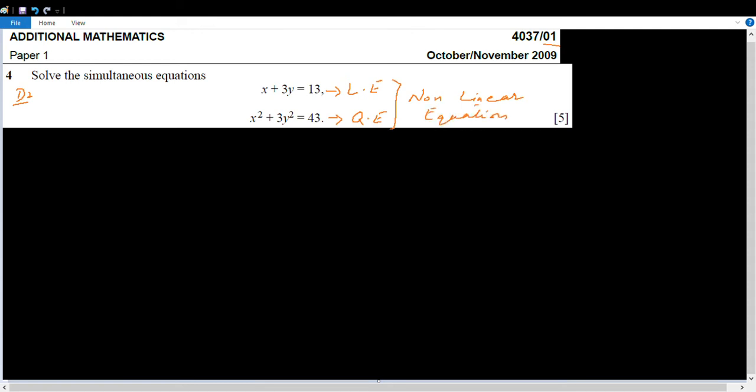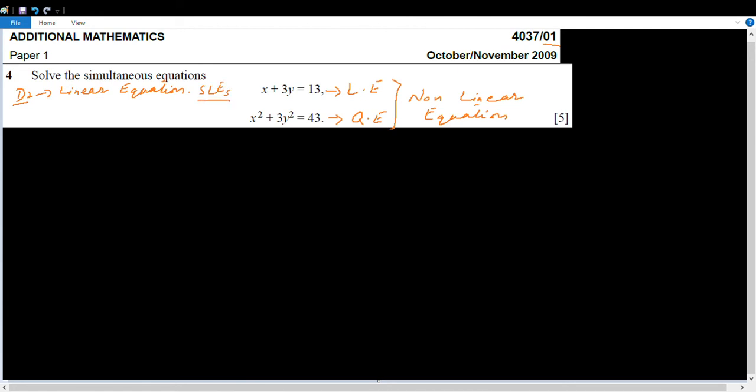And in lower classes you have studied how to solve linear equations. In D2 you have studied simultaneous linear equations, if you remember. Shortly we write it as SLEs, simultaneous linear equations.